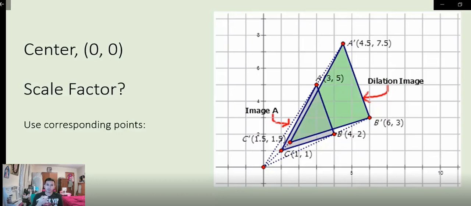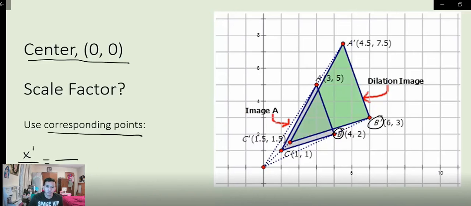I'll be using B and B prime. Again, this technique only applies to dilations where the center of dilation is at 0, 0. As I have said, I'm going to use B and B prime, which on the coordinate plane are 4, 2, and 6, 3.